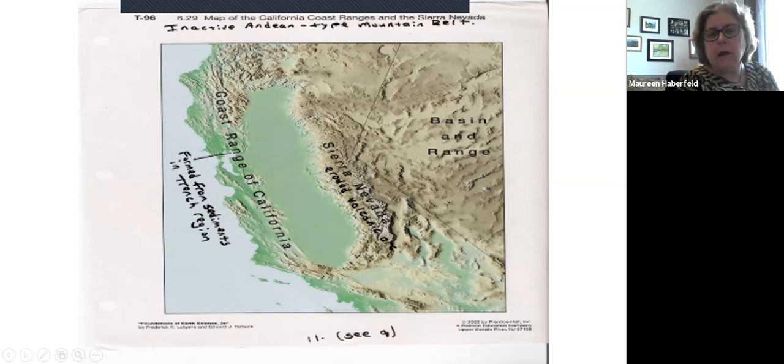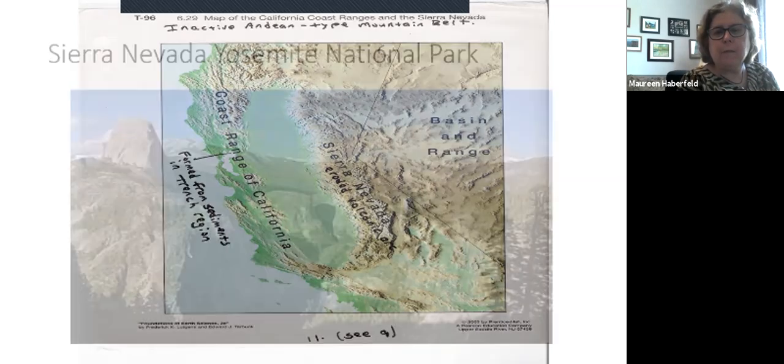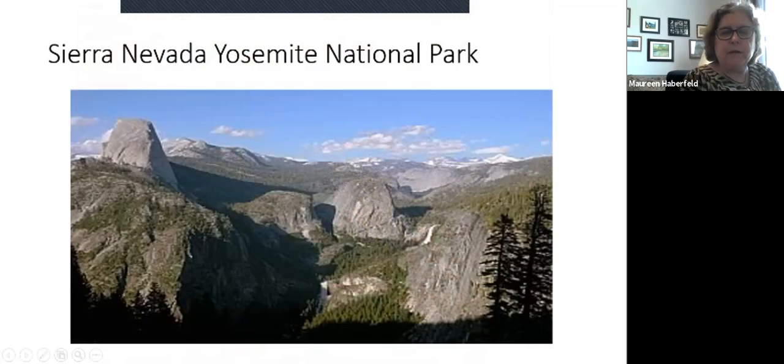It's been uplifted and eroded. So you're seeing the core of the volcanic arc. And then the coastal range was the accretionary wedge sediments that got formed into the coastal range of California. So there's your Sierra Nevada, which was at one time the granite was a magma chamber.